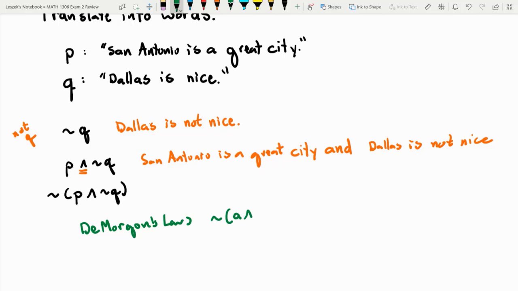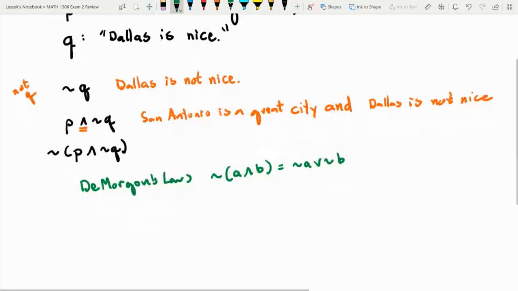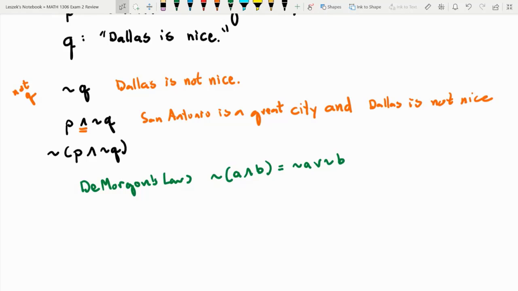De Morgan's tells you what to do when you're negating a conjunction. So not (A and B) is the same as not A or not B, right? So as soon as one of those statements is false, the whole conjunction is false. So we kind of distribute the negation, but we make sure to flip the wedge into a V, right?